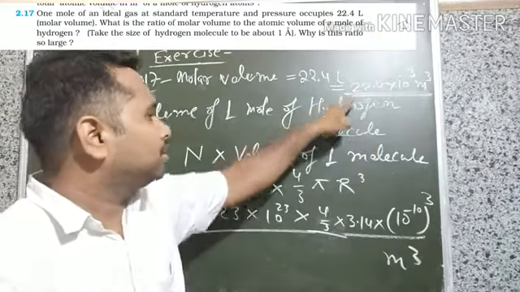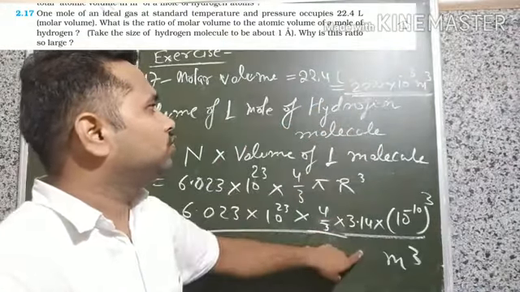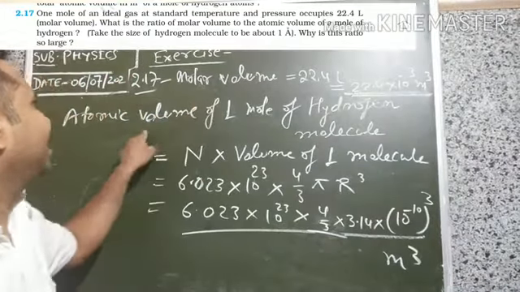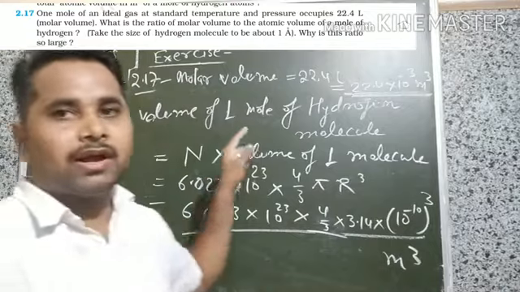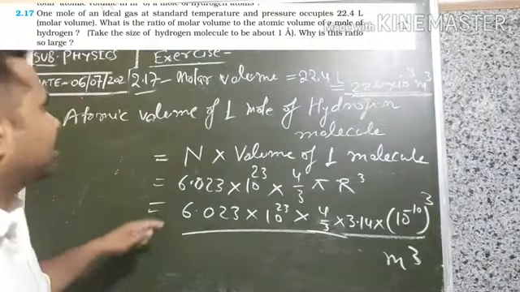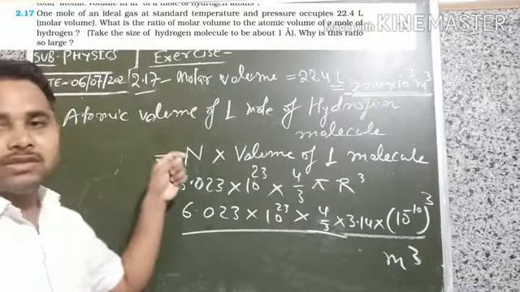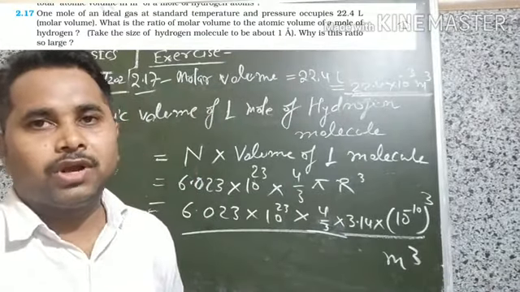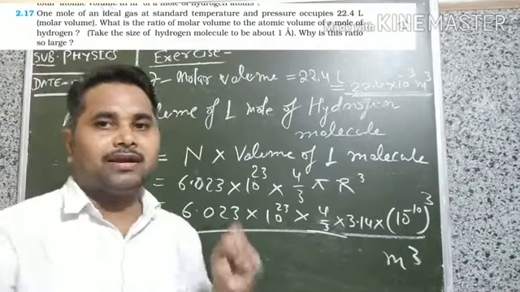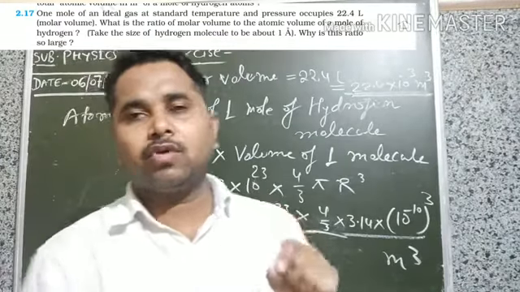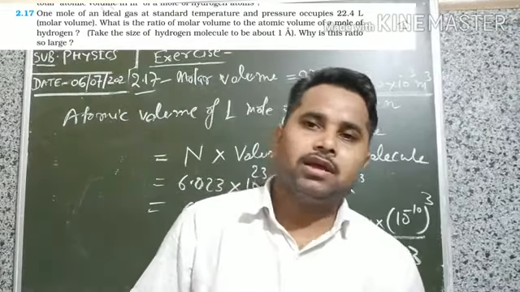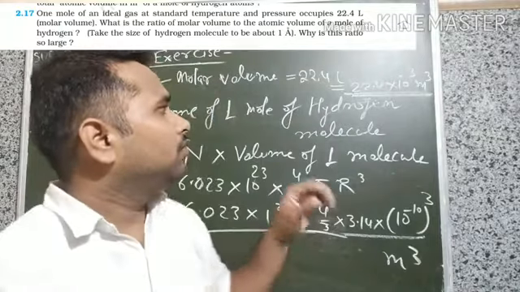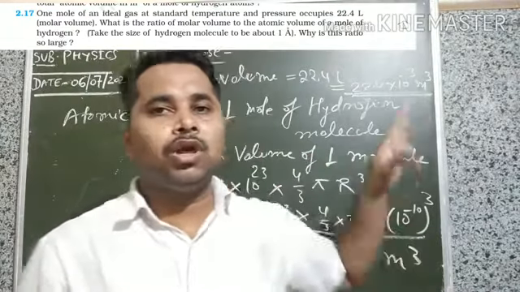So for comparison of these two, we have to divide this molar volume by atomic volume to get the ratio, and that ratio will be a bigger quantity, and that bigger ratio of these two will justify that molar volume is much more.